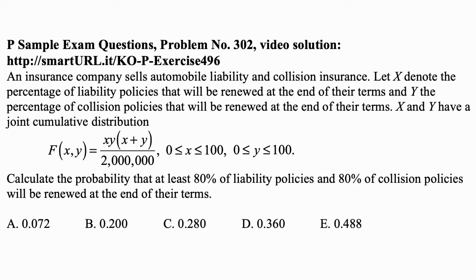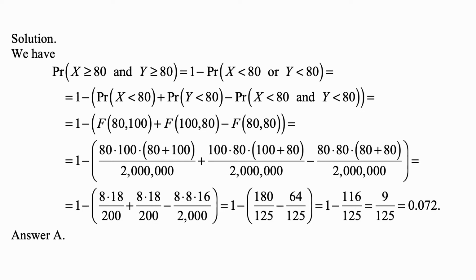X and Y have a joint cumulative distribution F of xy equals xy times (x plus y) divided by 2 million for x between 0 and 100 and y between 0 and 100. Calculate the probability that at least 80% of liability policies and 80% of collision policies will be renewed at the end of their terms.